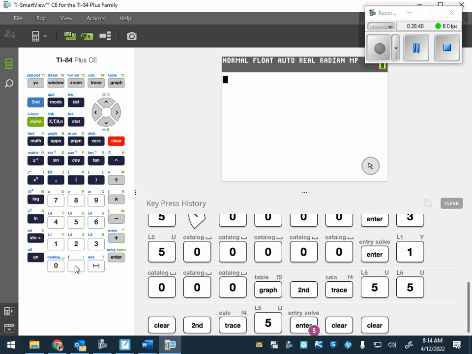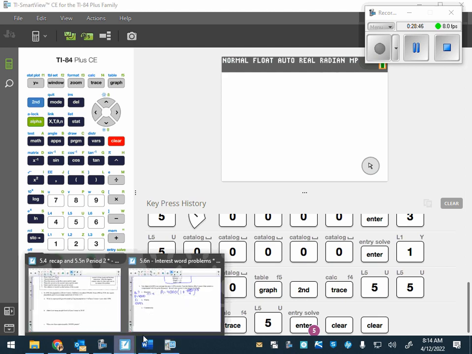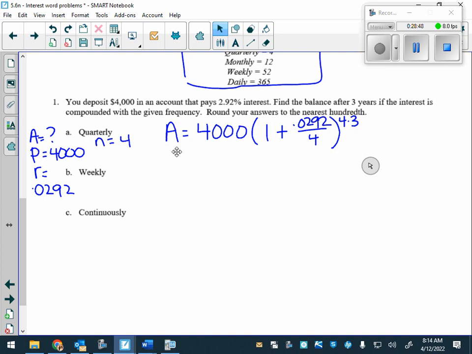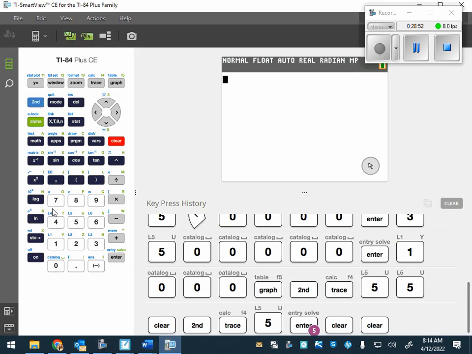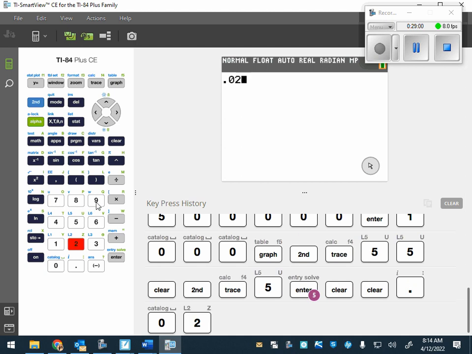So a step-by-step way. You're solving for your ending balance. Step-by-step without parentheses, so we don't mess up any parentheses. 0.0292 divided by 4. Let's do this in your calculator.